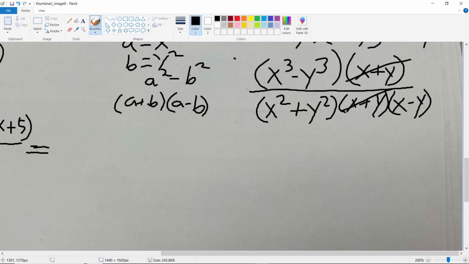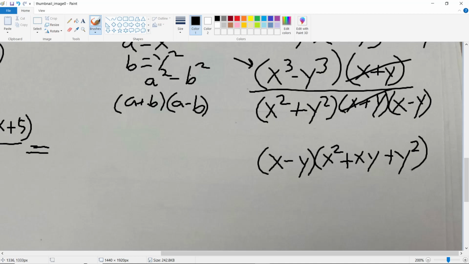But now this is difference of two cubes, and difference of two cubes is x minus y times x squared plus xy plus y squared. That's difference of two cubes.